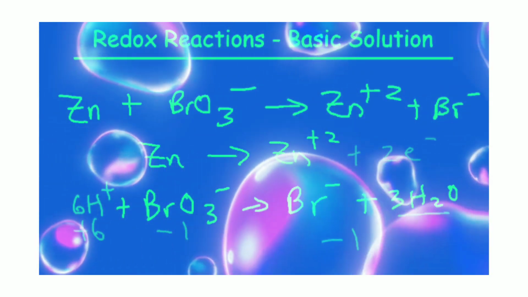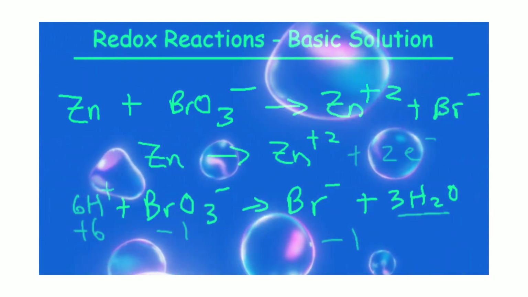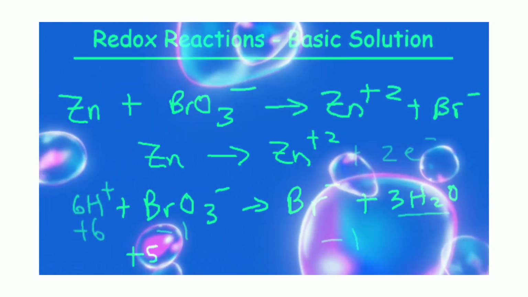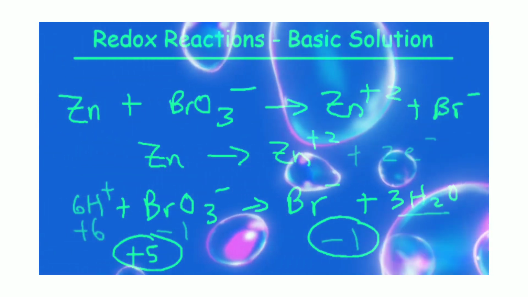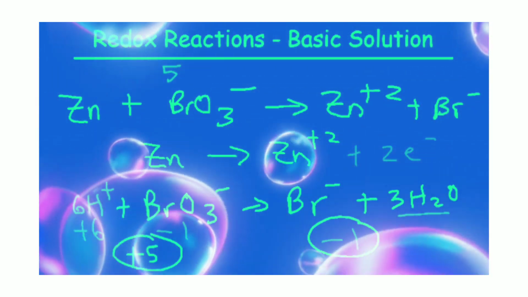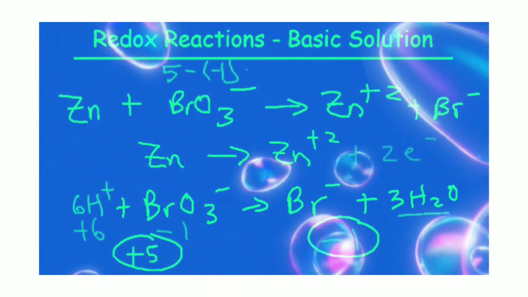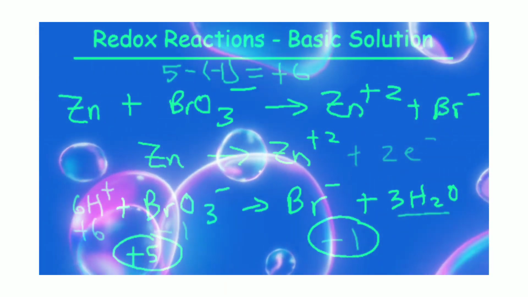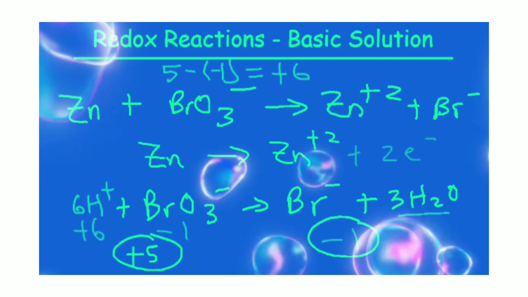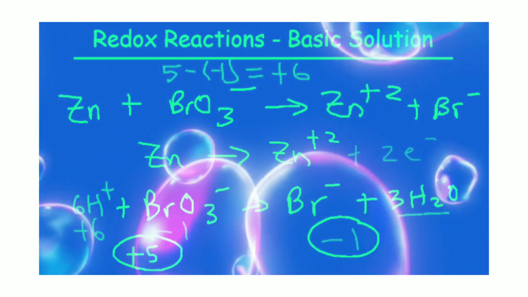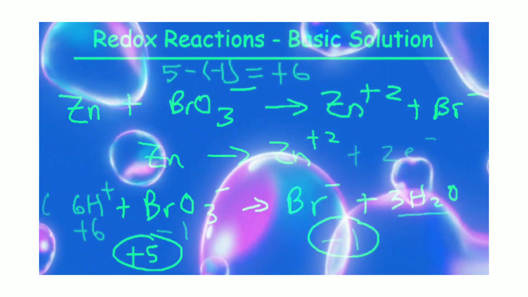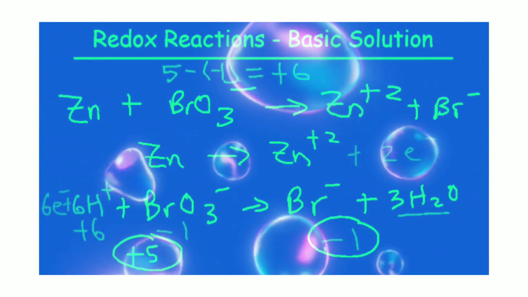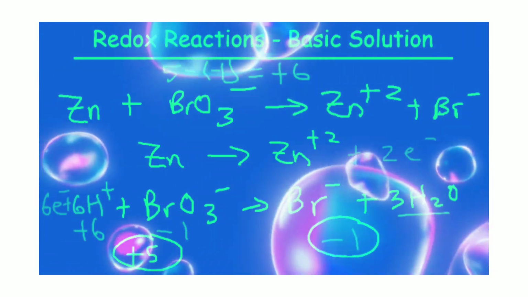So 6 and -1, the net charge on the left side is +5. So the difference between 5 and -1, if we subtract those two numbers, 5 minus -1, the difference is +6. So we need to add 6 electrons to the side with the higher charge. In this case, the left side. So now we've balanced the second half reaction.